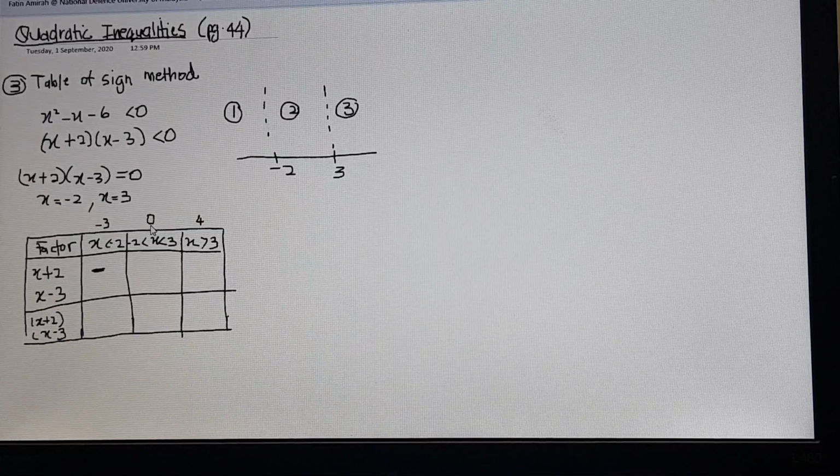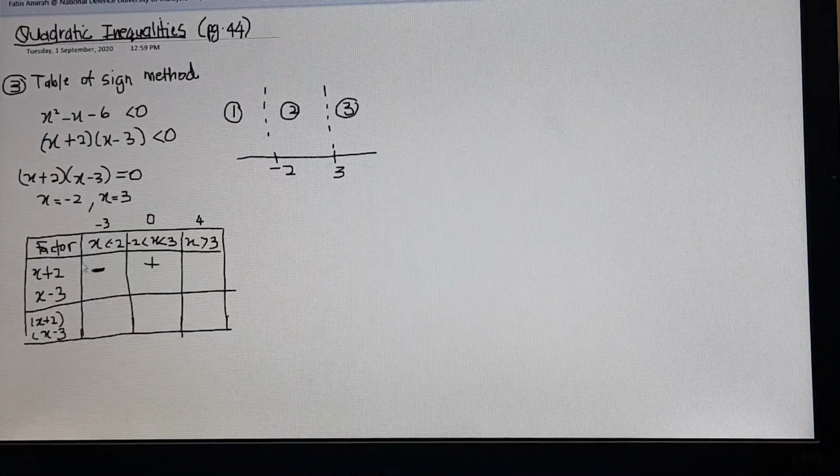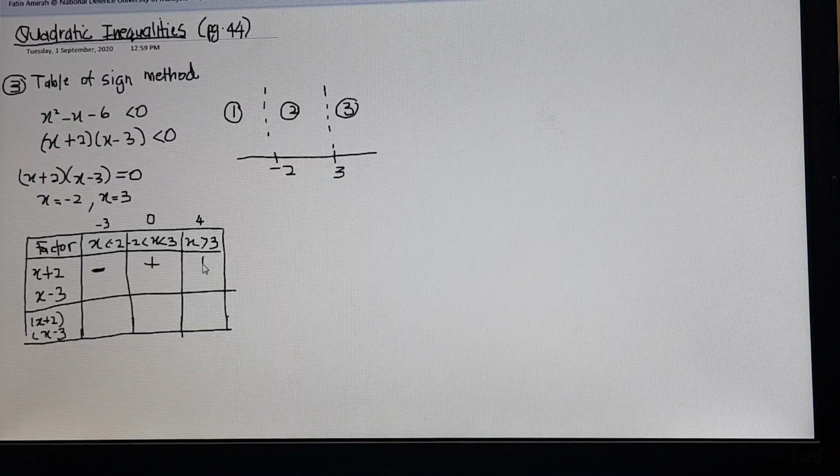Then the second column, x between negative 2 and 3, say I take 0. So 0 inserted into x plus 2, you will get 2, right? So 2 is a positive number. How about 4? You insert into the first factor, 4 plus 2 is equal to 6, also positive. You do the same for the second factor. Negative 3 minus 3, you will get negative 6, right? So negative 6 is negative here.